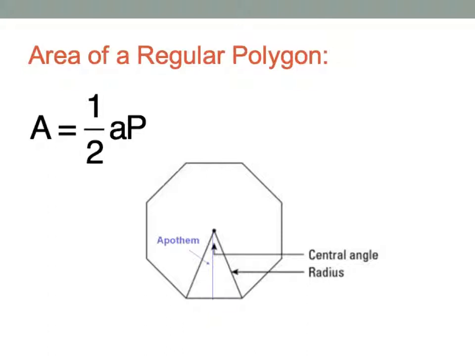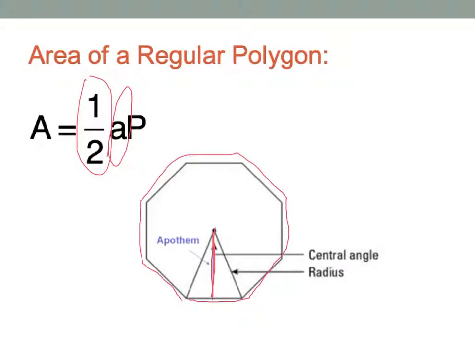So we take 1/2 times the quantity of our apothem, which is this line here, times our perimeter, which is this entire perimeter of our polygon. It's a really cool way that we're going to come up with the why of this. Again, area equals 1/2 of our apothem times our perimeter.